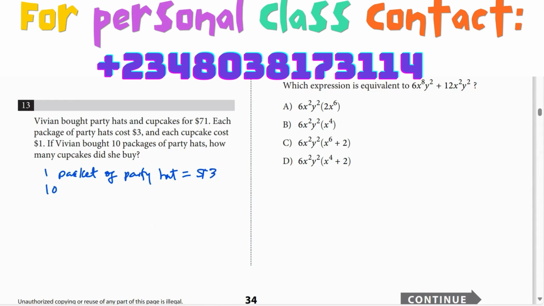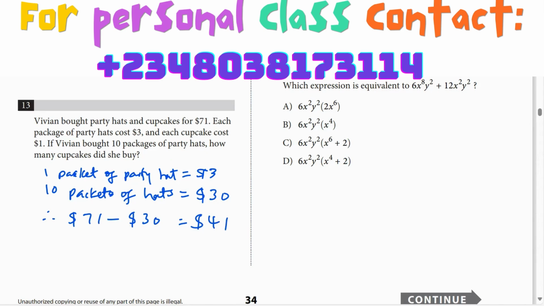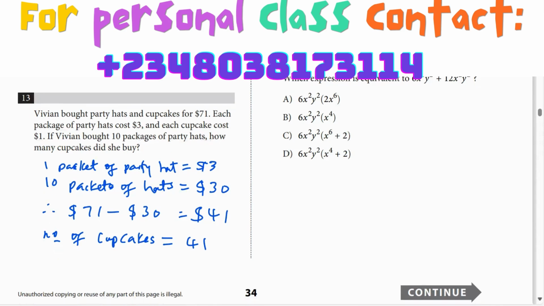Now 10 packets of hats is going to cost $30. So now we are going to remove this $30 from $71, and that gives us $41. And now each cupcake costs $1. And you say, how many cupcakes did she buy? So the number of cupcakes equals 41, since each cupcake costs $1.